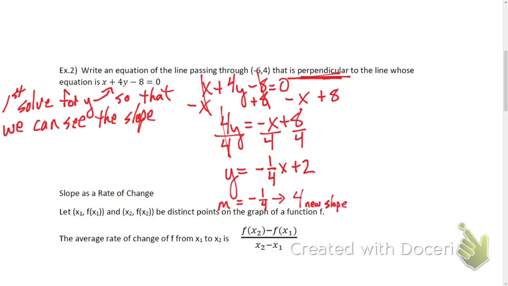All right, it says write an equation. It's kind of vague. Doesn't tell us point slope or slope-intercept form. I see a coordinate up there. I'm going to plug it into point slope. So once again, here's our formula.